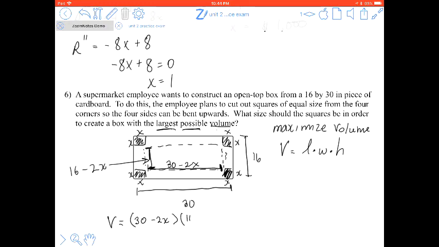The width of it would be 16 minus 2x. And then once you fold the flaps up, now this box actually has a depth, and it has a depth that's the same as the length of those corners that were cut out. That would be the depth of that box, or the height, I guess. We've got the length times the width times the height right there. Those are the 3 dimensions of that 3-dimensional open top box.